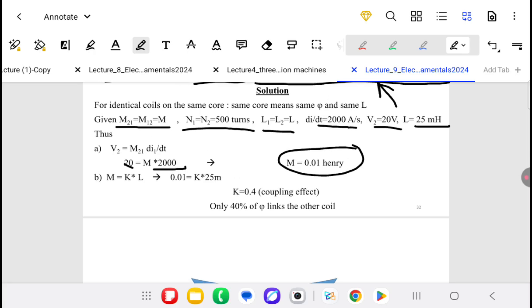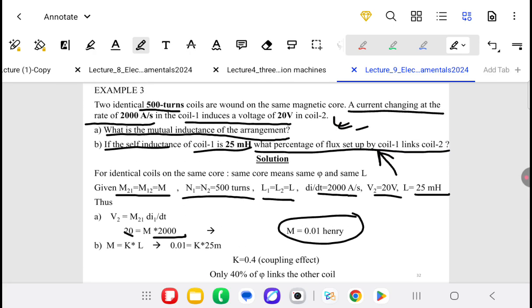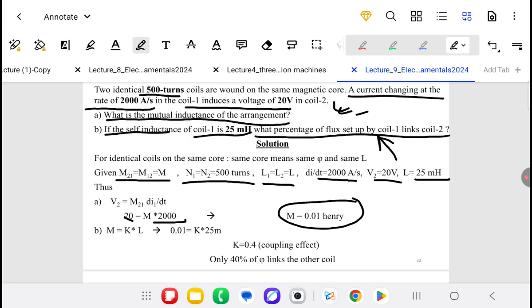Now we have to obtain the coupling, or the percentage of flux set up by coil 1 that links coil 2. We have the mutual inductance equals K times L. The mutual inductance equals 0.01, which we obtained before, equals K times the inductance.